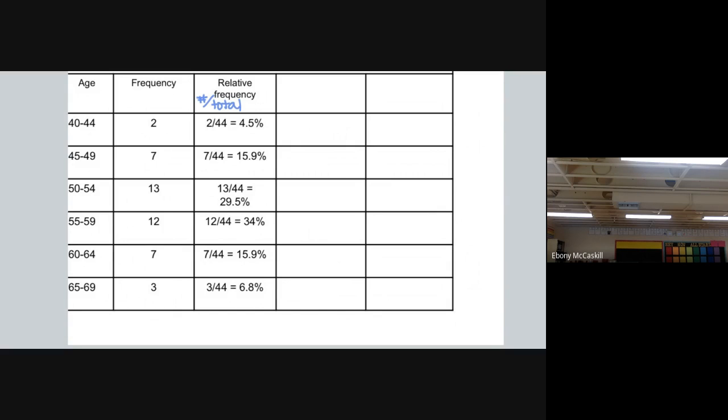So for each and every one, they did the math.